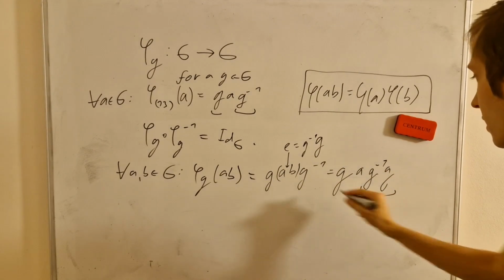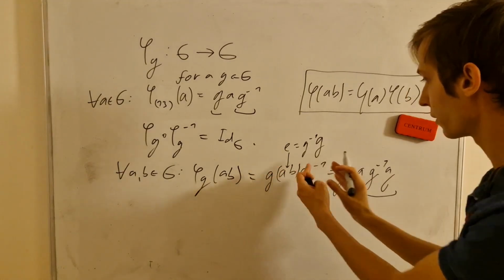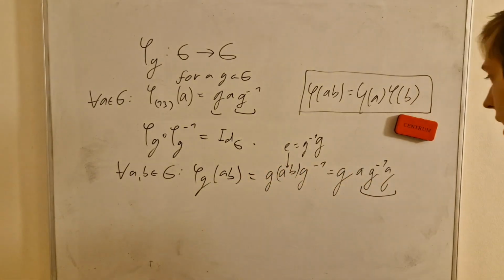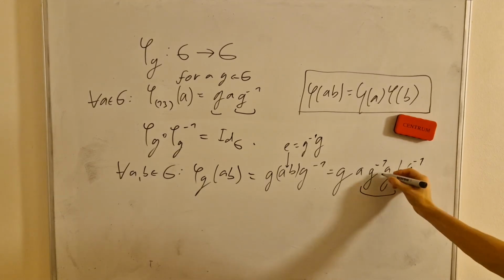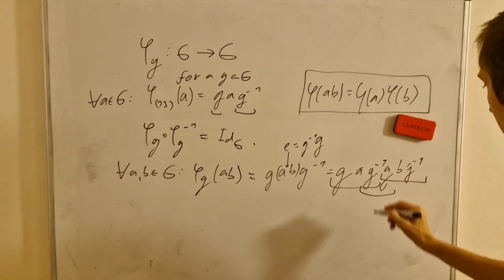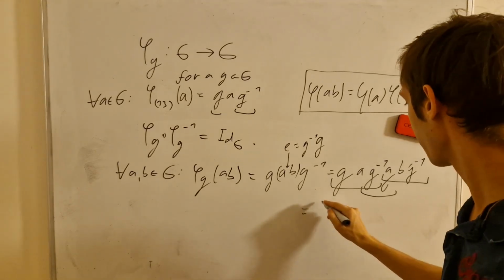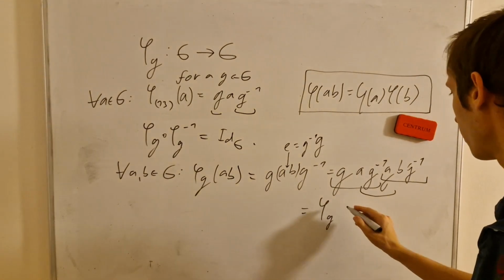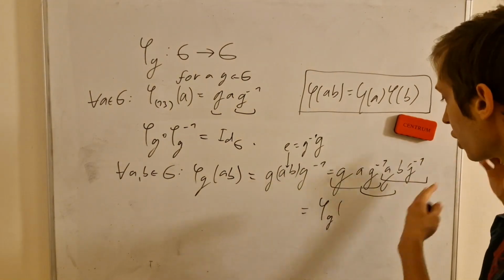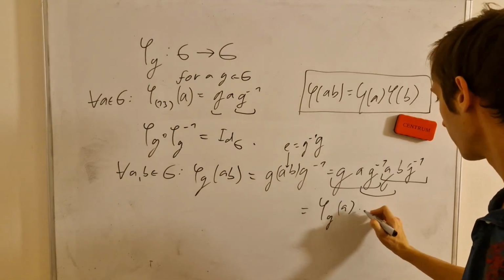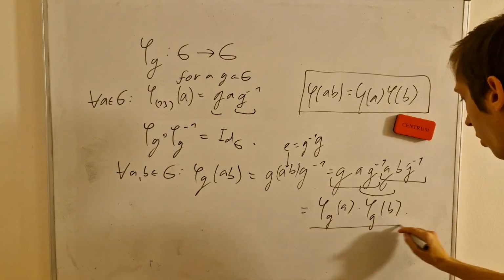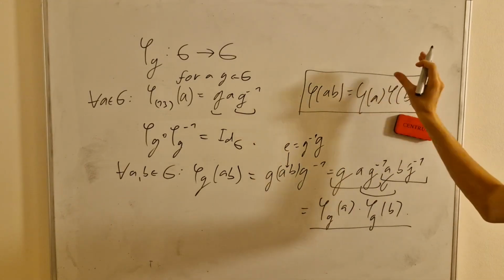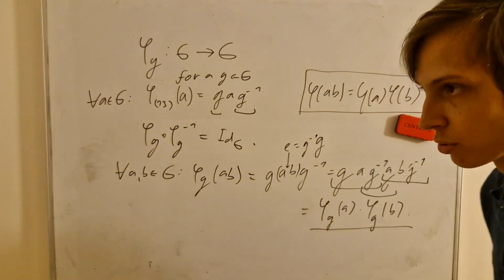I just put this in the middle of this string. We have the associativity, so it should work out because of that. So we get G A G inverse and G B G inverse, which is nothing different than the automorphism, the conjugation applied to A times the conjugation applied to B. So here we also showcase the basic homomorphism formula.